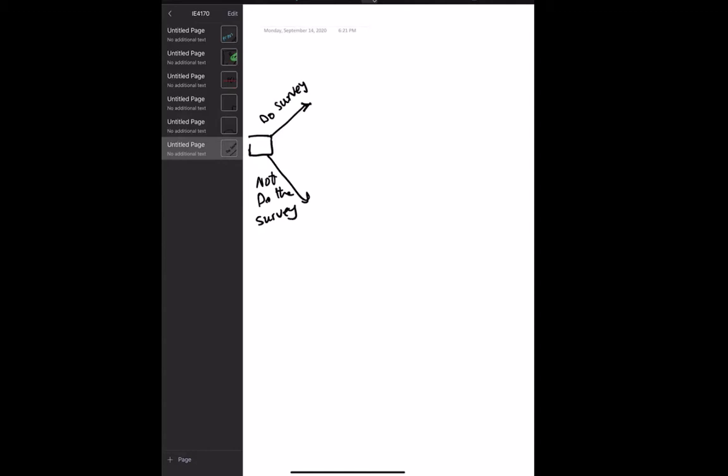First, if you do the survey, you do have that positive or negative. Okay, so if we do the survey, then you have the possibility of having positive or negative feedback. Positive attitude or negative attitude. Or negative.